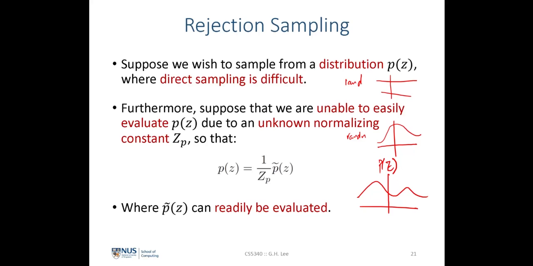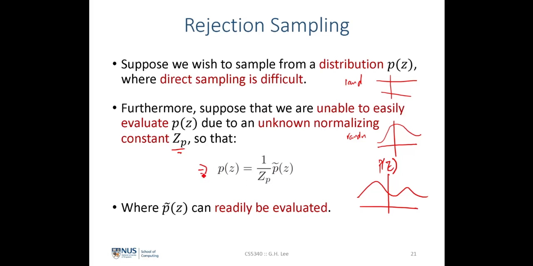Furthermore, suppose that we are unable to easily evaluate P of z due to some unknown normalizing constant Z_P. This is the partition function, or it could be a normalizing constant in the case of Bayes rule that we have seen in the earlier slide, as given by this equation over here.